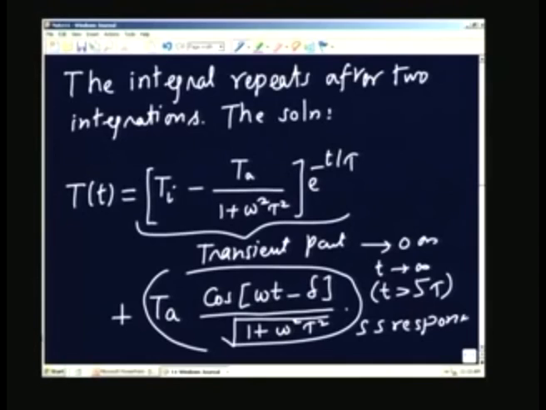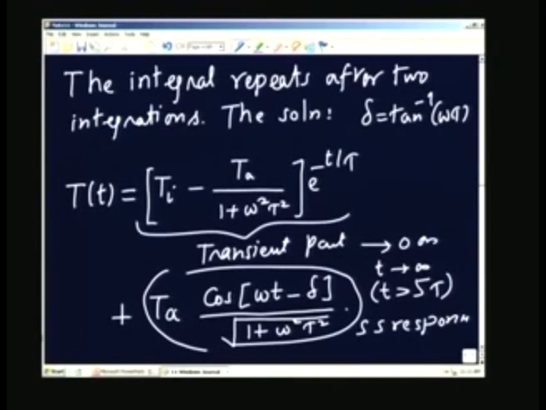And what we notice from the steady state response is that it is also cosinusoidal, but it is omega t minus delta. That means there is going to be a lag with respect to the input, and in fact delta is given by tan inverse of omega tau. And the coefficient is T A divided by square root of 1 plus omega squared tau squared, which is smaller than T A by a factor greater than 1.